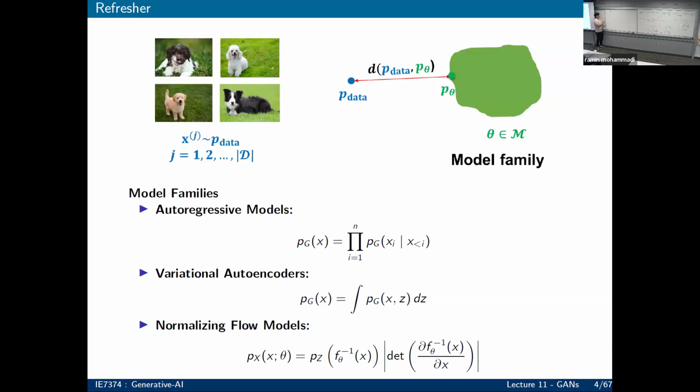That means you should be able to just take the inverse of this and get back to Z. We also saw that you can write this in this form, and you can write this in this form.